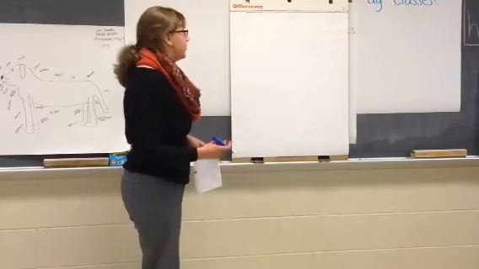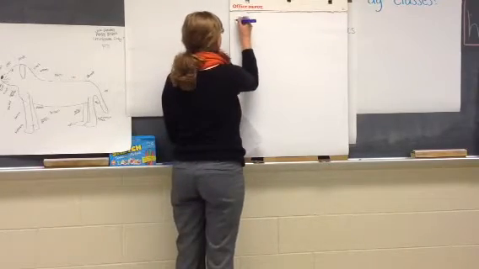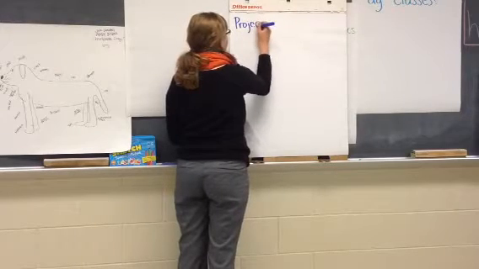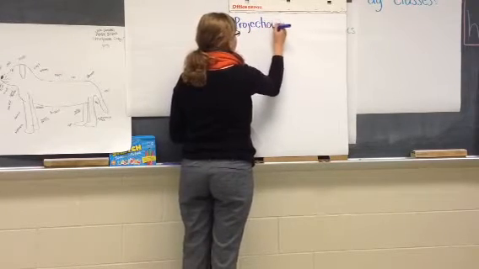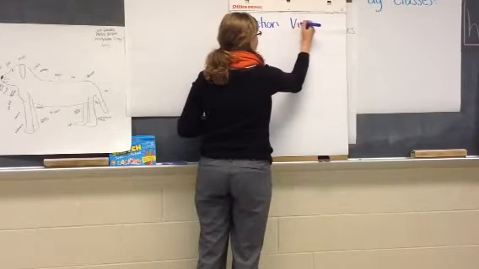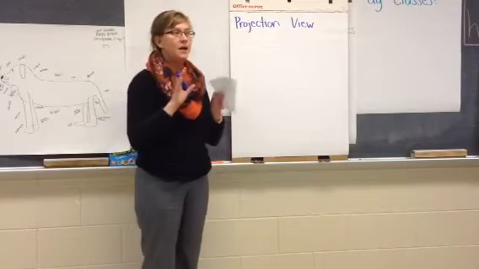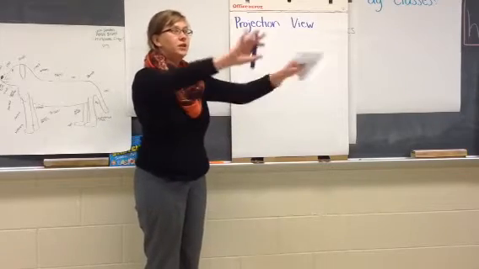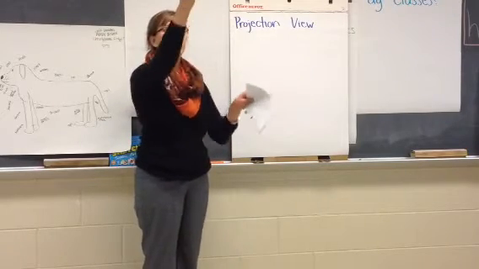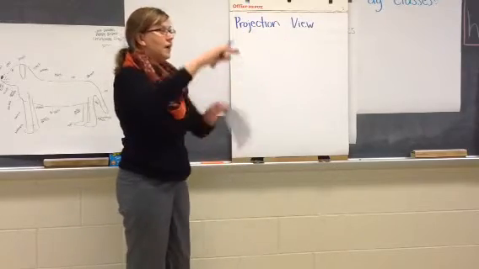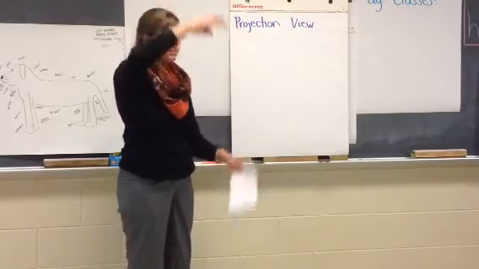So we'll start with the projection view. If you think about a projection, it's something that is being projected outwards. You think of a projector screen, it filters that light and puts it onto the screen. It starts small and it gets bigger.